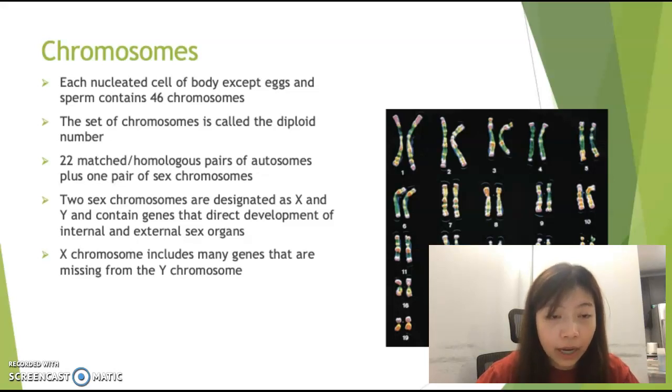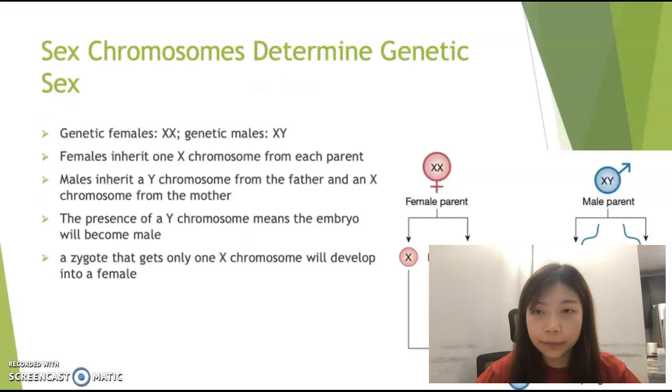Eggs and sperm are haploid cells with 23 chromosomes, 1 from each of the 22 matched pairs plus 1 sex chromosome. When egg and sperm unite, the resulting zygote contains a unique set of 46 chromosomes, with 1 chromosome of each matched pair coming from the mother and the other from the father.